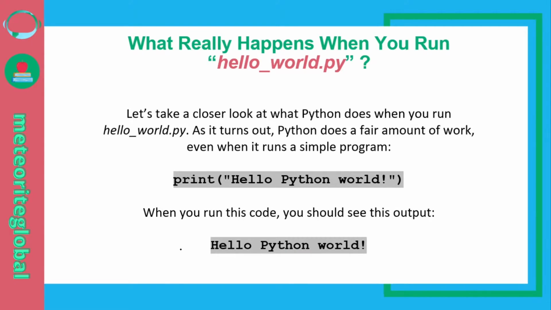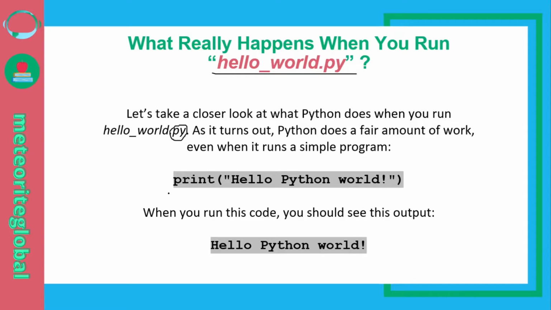So you might be wondering what really happens when you run this file hello world.py. First of all, when it sees that .py is present, it knows that it's a Python file, and the interpreter then goes line by line checking and then running your file.